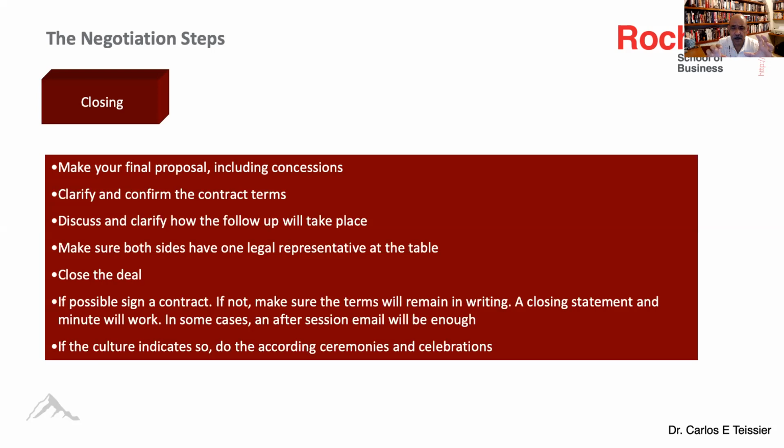So one of the biggest mistakes negotiators make is that after negotiating for hours and after bargaining with 4 or 5 elements, they find an agreement, they go away, and after 2 or 3 days, the agreement is no longer there because nobody knows what exactly were the last conditions they negotiated.